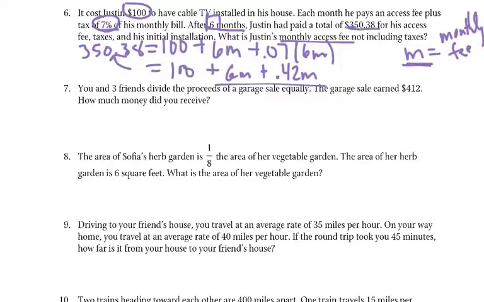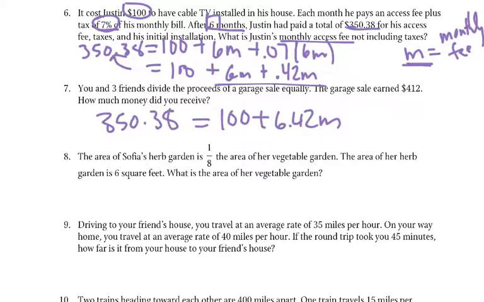So now I combine those, so we get 100 plus 6.42M equals 350.38. There's my formula. Then to solve it, we first start by subtracting 100, because we want to get the M by itself.